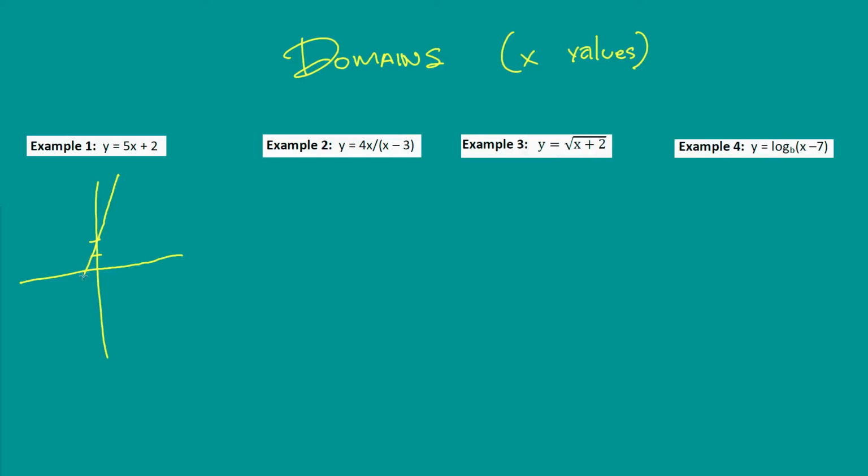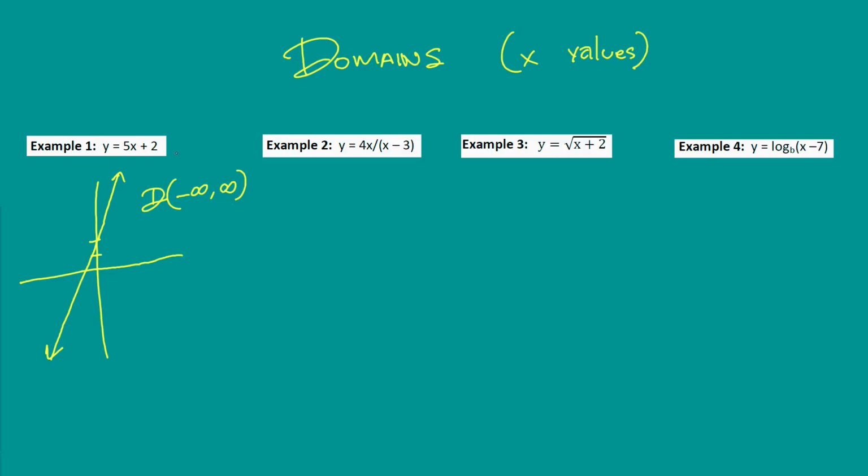It's not going to be perfectly accurate, but the line will extend all the way to the right and all the way to the left. It just keeps going forever. So the domain for this, all of our possible x values, since it'll continue on forever and ever, will be from negative infinity to positive infinity.